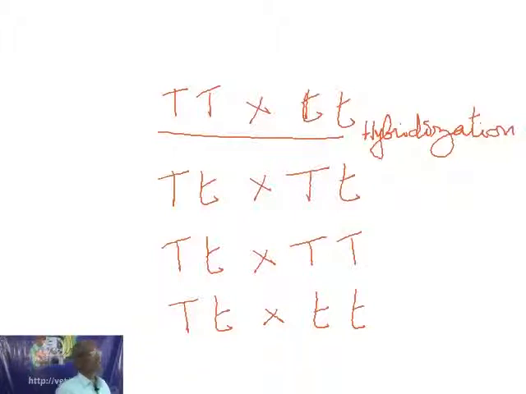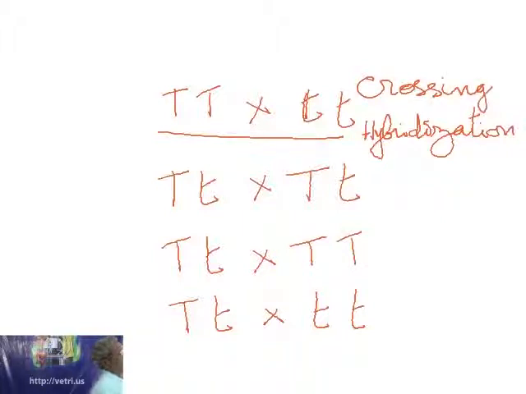In genetics we call it hybridization, but in agriculture they generally use the word crossing. When you take 2 plants differing in one essential character and bring the pollen grain of one to the other, it is called hybridization or crossing.